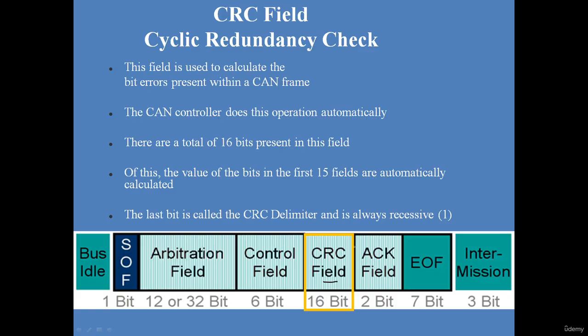So the CRC mechanism is used to make sure there are no errors present. This CRC calculation is automatically done by your controller. So the first 15 bits are calculated by your controller, and the last, 16th bit is always recessive and it is called the delimiter.